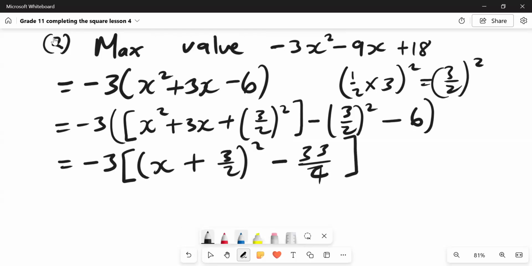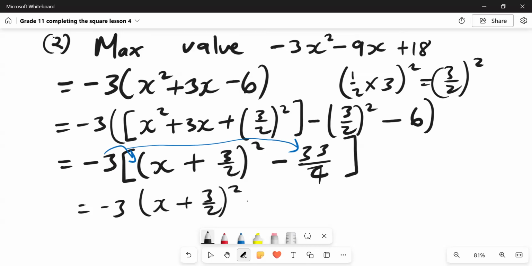And then from here, it's just an easy thing, distribute, and then you'll get your minus 3. That's x plus 3 over 2 squared, and then plus 99 over 4.